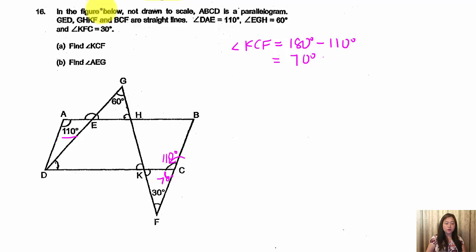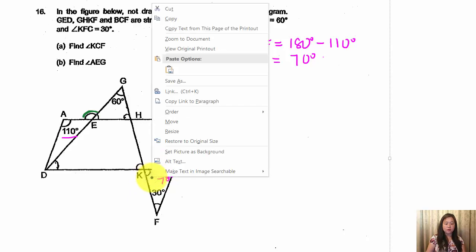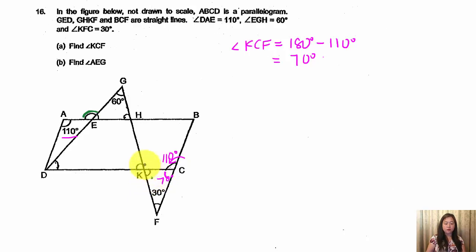Now let's try to find angle AEG, which is at here. So to find this angle here, we need to use other information. For example, first, if we find this angle over here, we would be able to find this angle as well because this is vertically opposite angle.